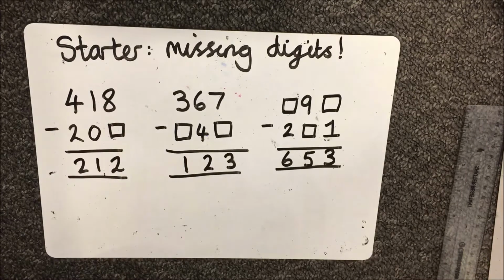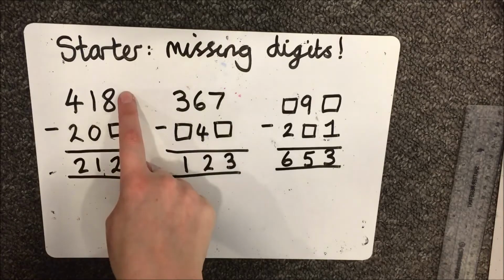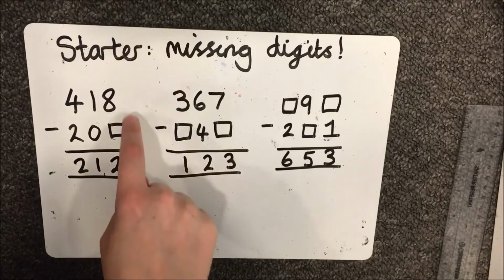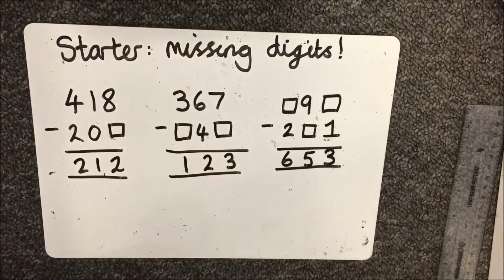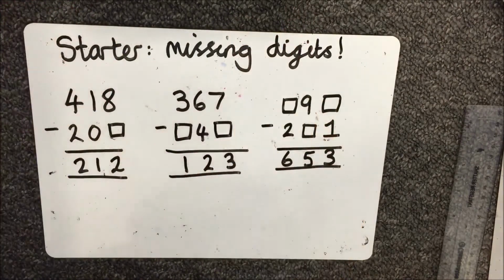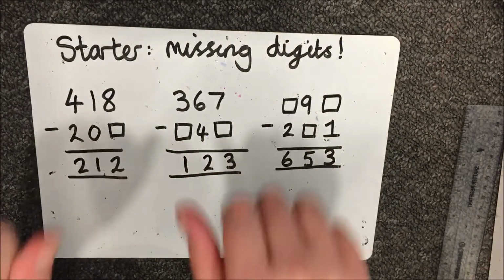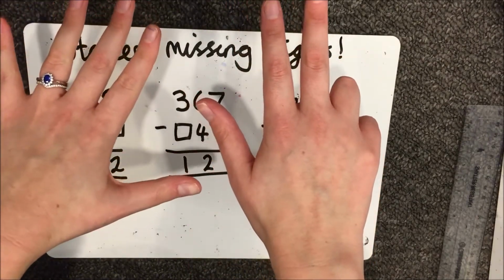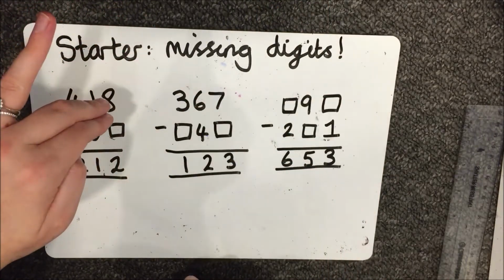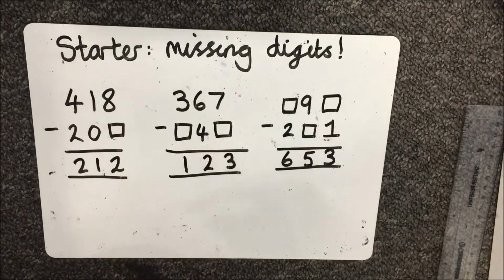Do you remember how we do our take away column method? So we would do 8, take away something is the same as 2. So let's put 8 in our head. How are we going to end up with 2? 8 take away what? So if I do 8, and I'm going to count back 1, 2, 3, 4, 5, 6, and I'm left with 2.